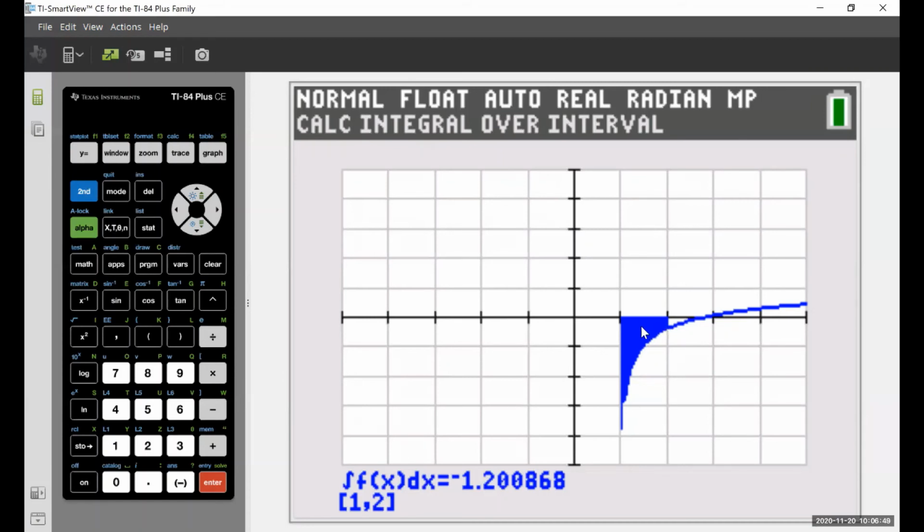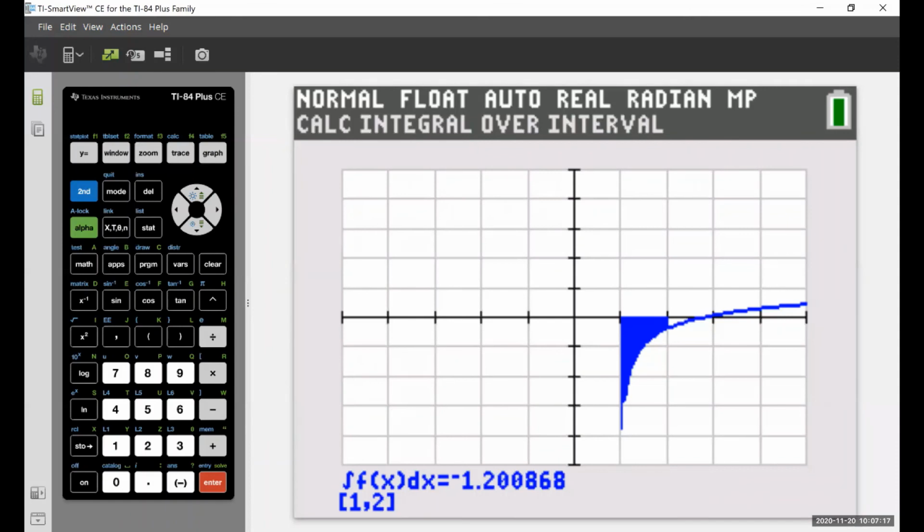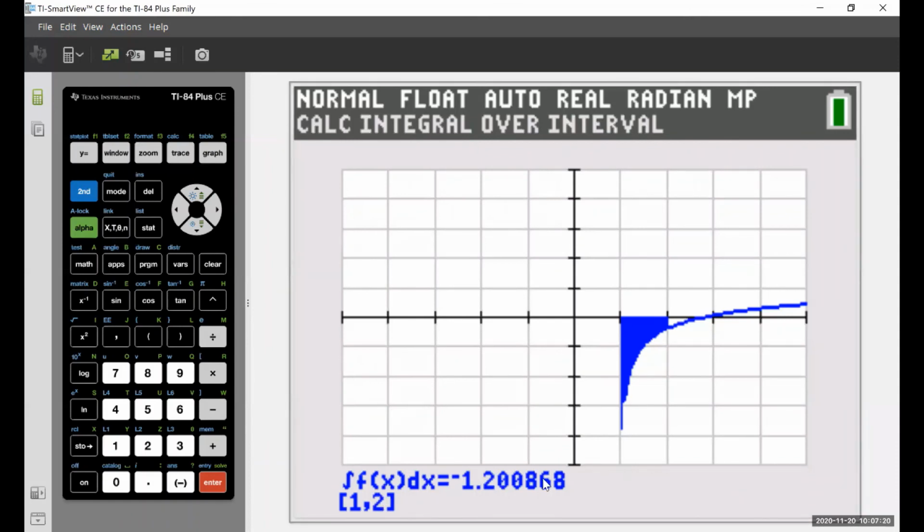Whenever the area represented by the definite integral is below the x-axis, we write that area as negative. So it is negative 1.200, and rounding, it will be negative 1.2009. So let me write that.